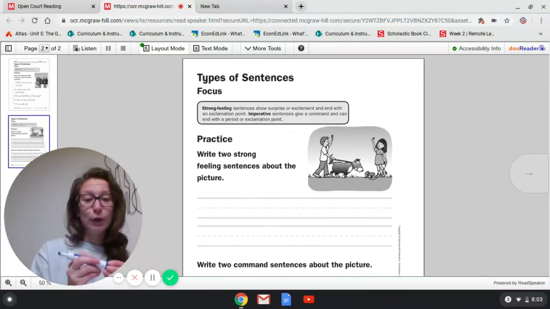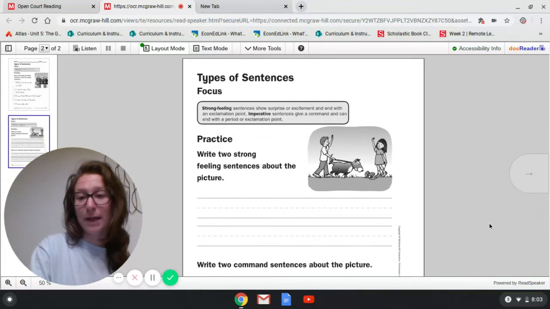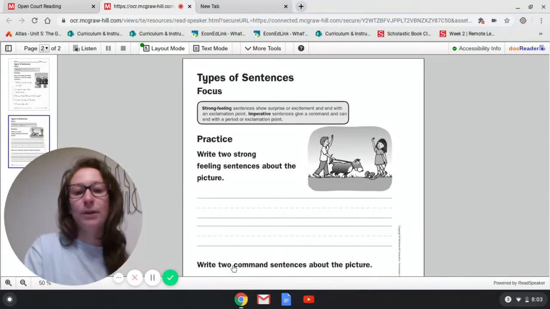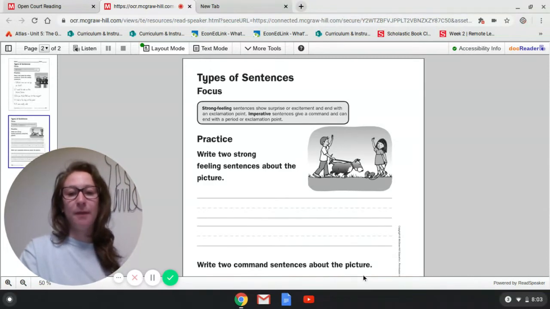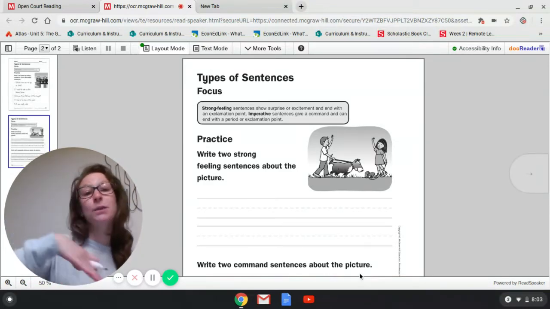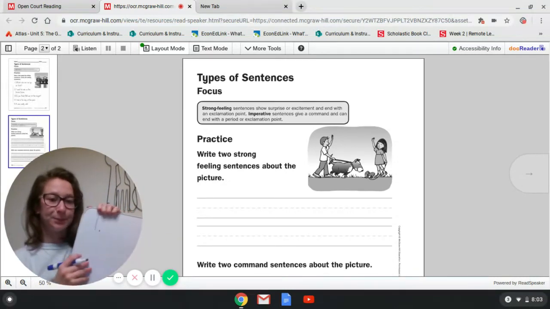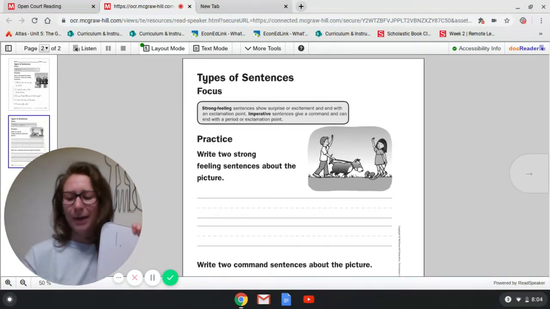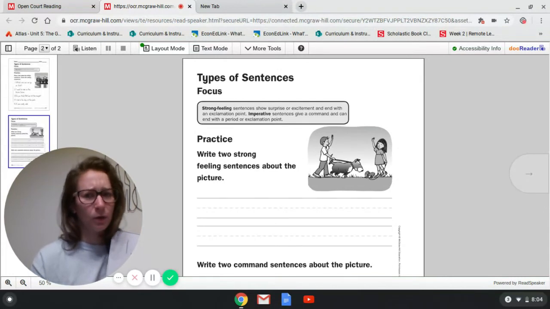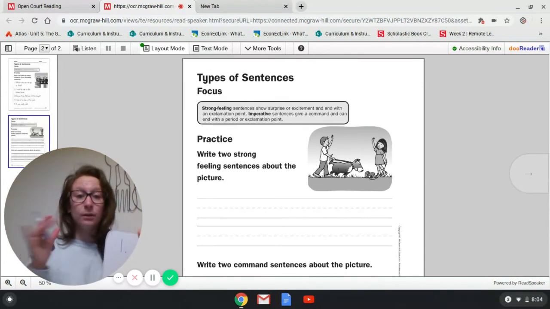All right. So I know we can't scroll down. I'm not sure why. But it says write 2 command sentences about the picture right there. So you're going to put your sentences right below that. All right. Number 1. Now, it looks like that little girl's dog looks kind of scared, right? So you could say something like, watch out.